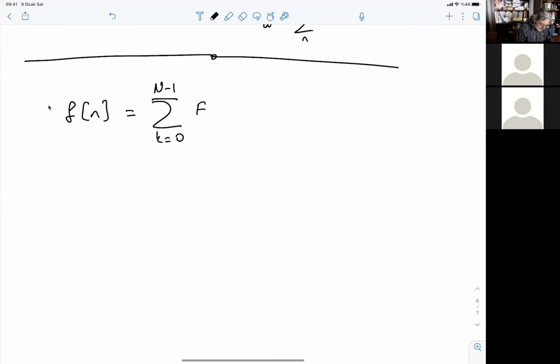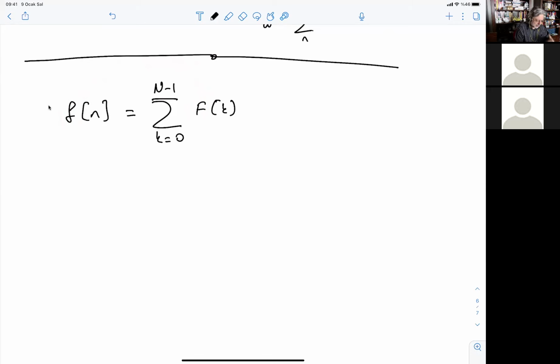So this is f of k, which is the new coefficients. Previously, I was writing it like a sub k, but since we know the Fourier transform is usually converting the lowercase f to uppercase f, from that kind of notation, let's use an uppercase value of the same letter.